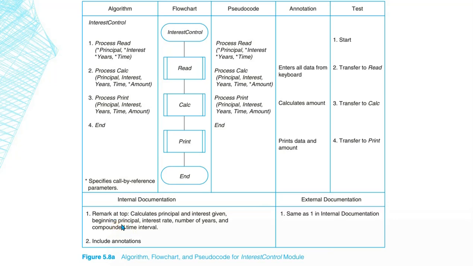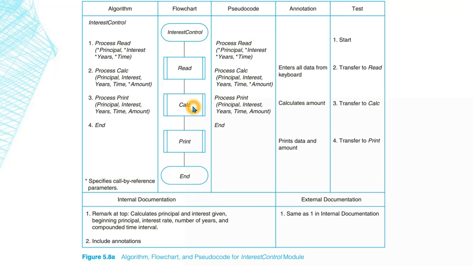So you can write, for example, this model will calculate, this model will enter the data, this model will do something. So it's some remarks inside your algorithm, or it will be inside your coding. External documentation, of course, is the same as internal documentation. In the matter of fact, external documentation, including the path, including the interactivity diagram, and all these things should be included in your solution. Okay.